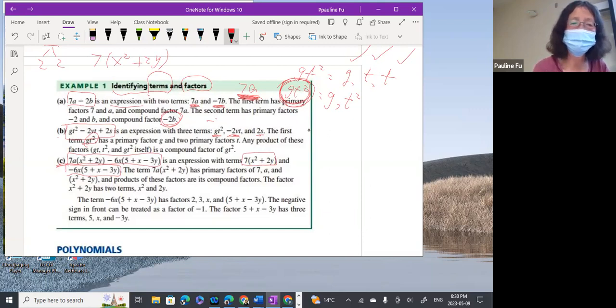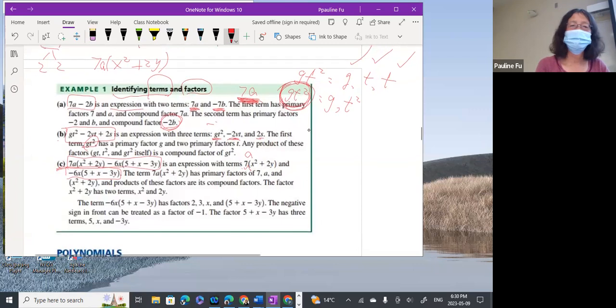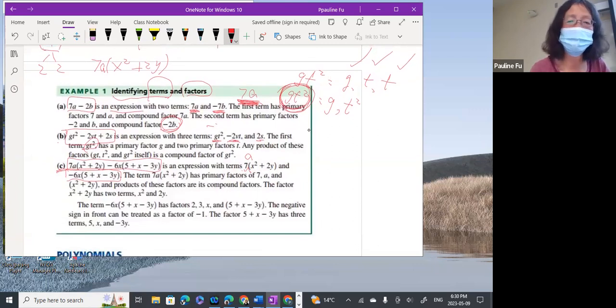Sorry, there is a typo here. This is 7a, then times bracket. So the primary factor for this one, anyone want to try?